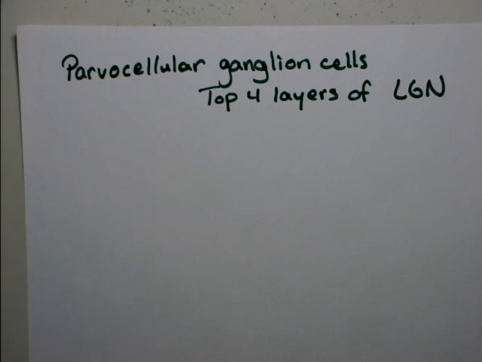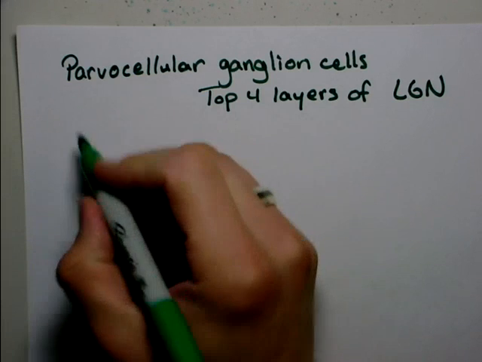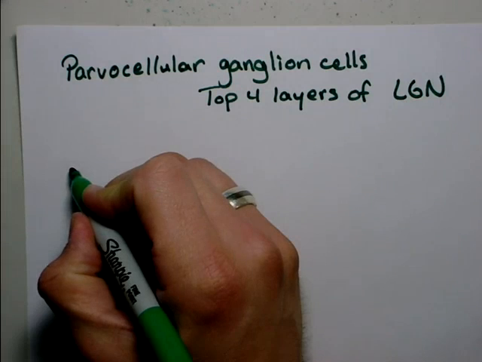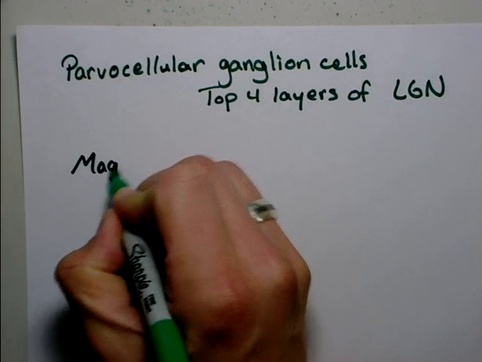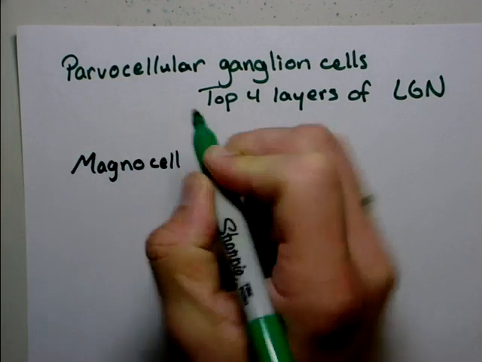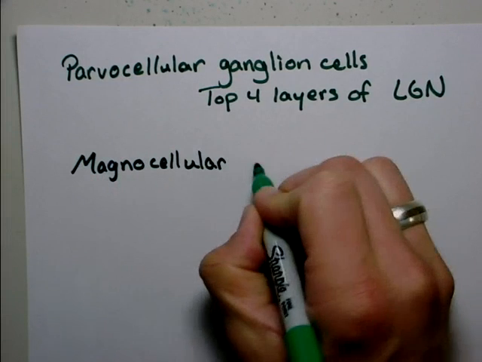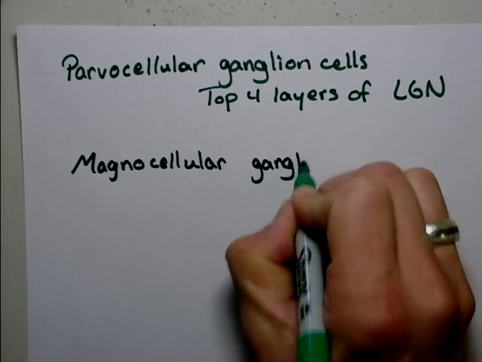Now, as we move further out from the fovea, we transition from a majority of cones to a majority of rods, and we also move from parvocellular ganglion cells to magnocellular ganglion cells.